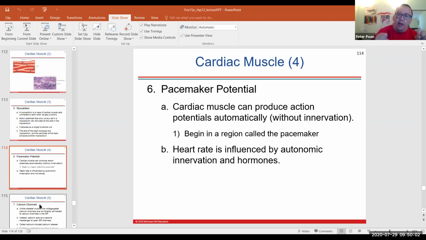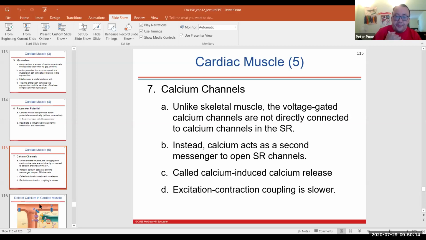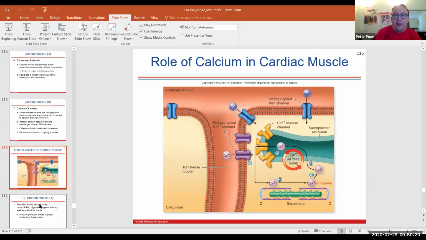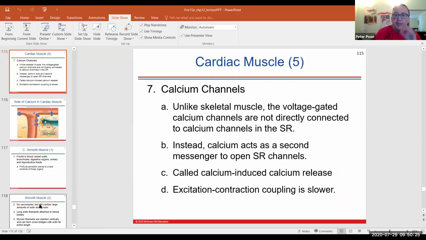What that signaling is controlled by is the autonomic innervation. It's being constantly slowed down by your vagus nerve to about 70 or 60. Your pacemaker is autorhythmic, so it sets off a signal.